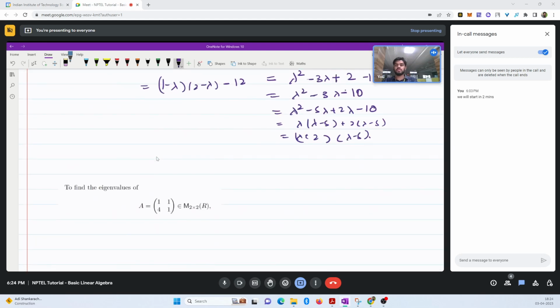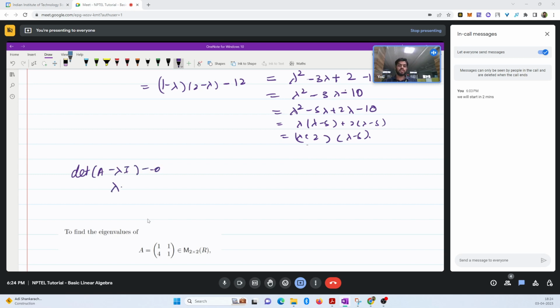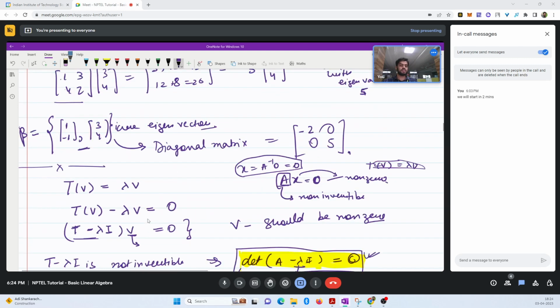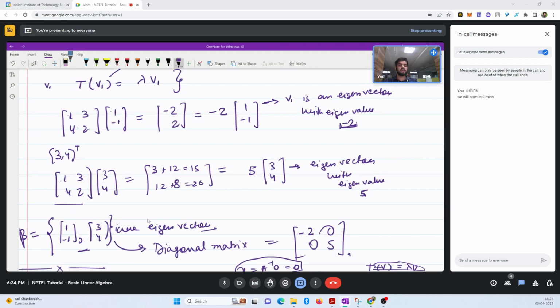We already found this determinant of A minus lambda I. So if we equate it to 0, what do we get? Lambda is equal to minus 2 and lambda is equal to 5. This is the same as what we obtained earlier; you can cross check that we obtained one of the eigenvalues as minus 2 and another as 5.